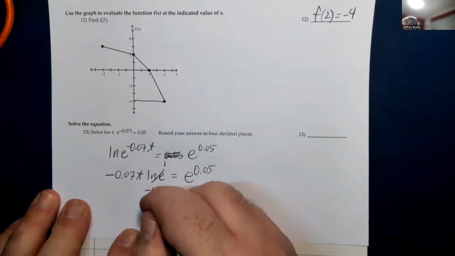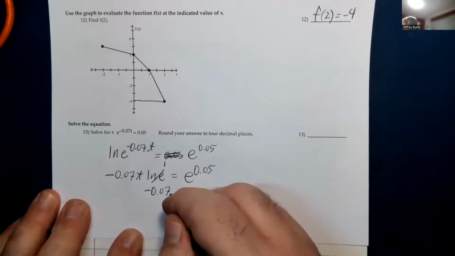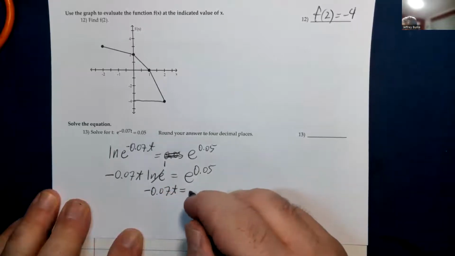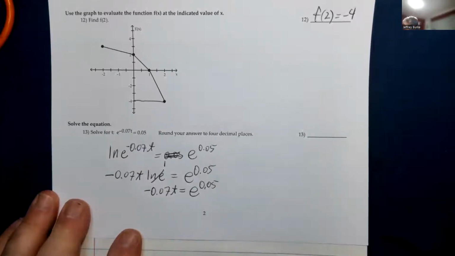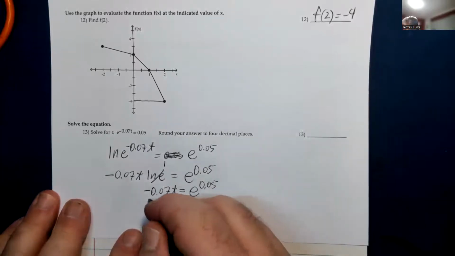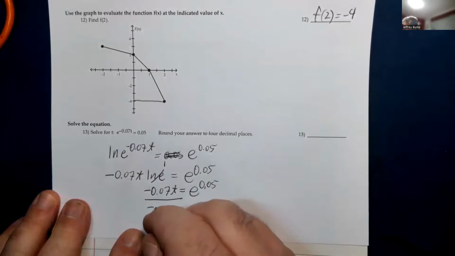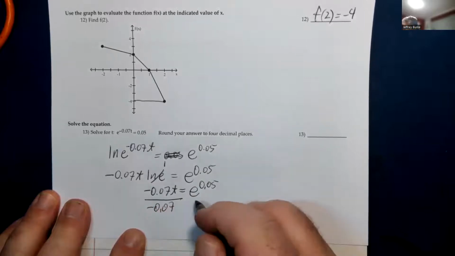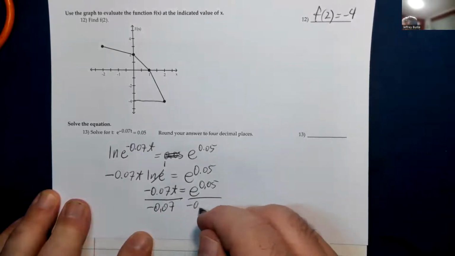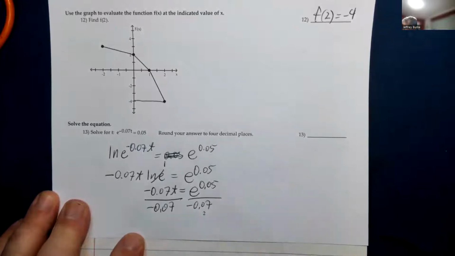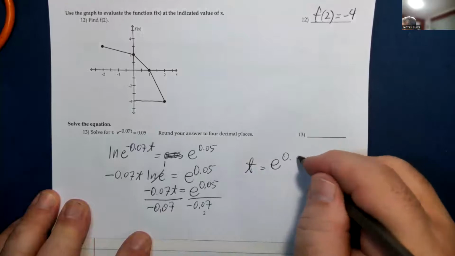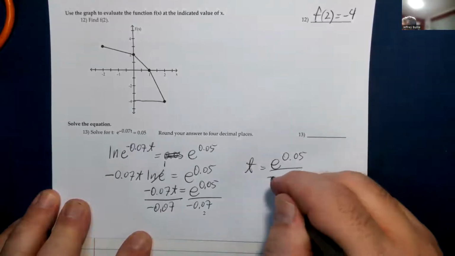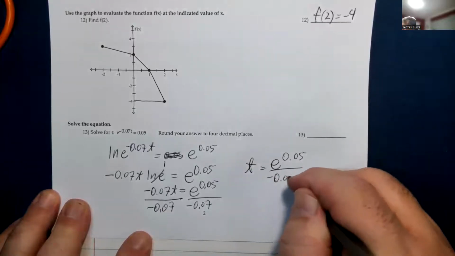So I'm going to write this as negative 0.07t equals the ln of 0.005. And now, if I divide both sides by negative 0.07, I should have t equals the ln of 0.005 divided by negative 0.07.